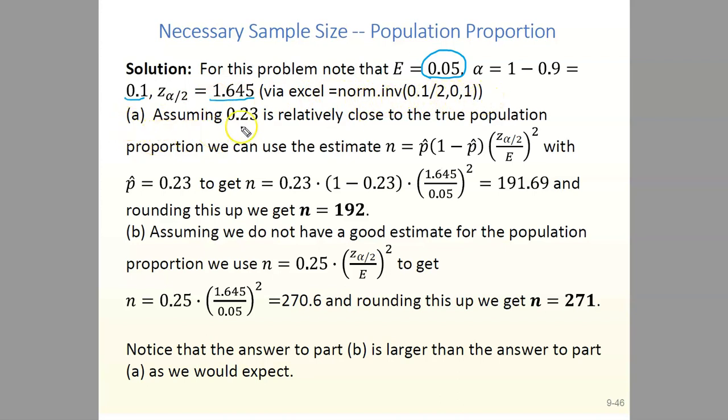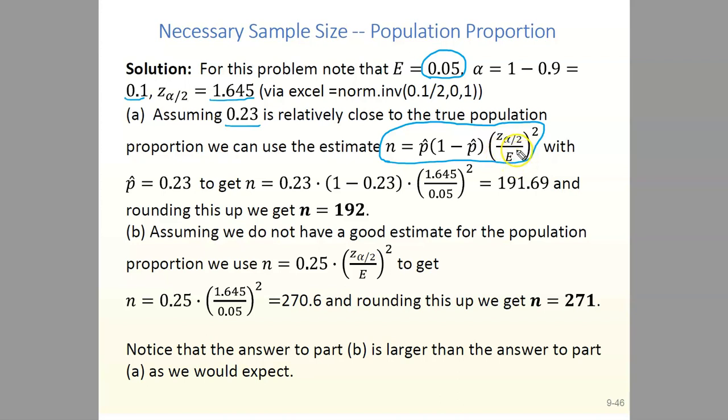Now to answer part A, assuming that 0.23 is relatively close to the true population proportion, we can then use this estimate here that has the p hats in it. So this is going to be our p hat, the 0.23. So we put 0.23 in here and here. Our Z alpha over 2 is 1.645.